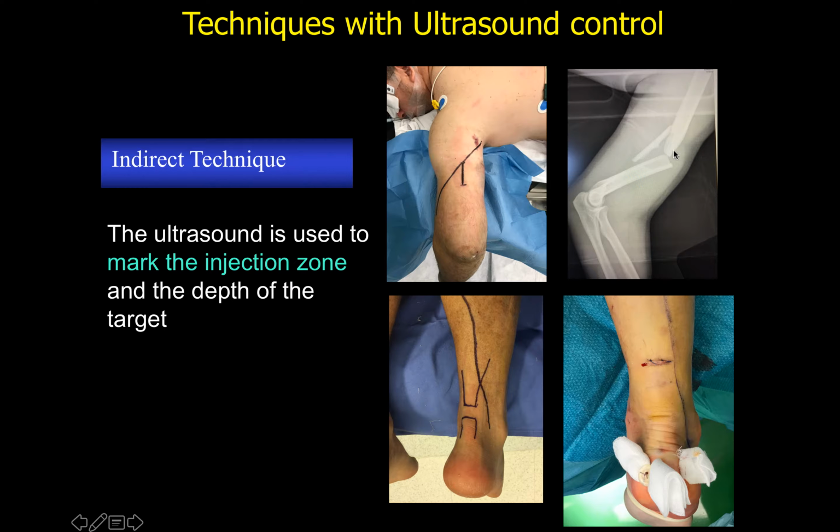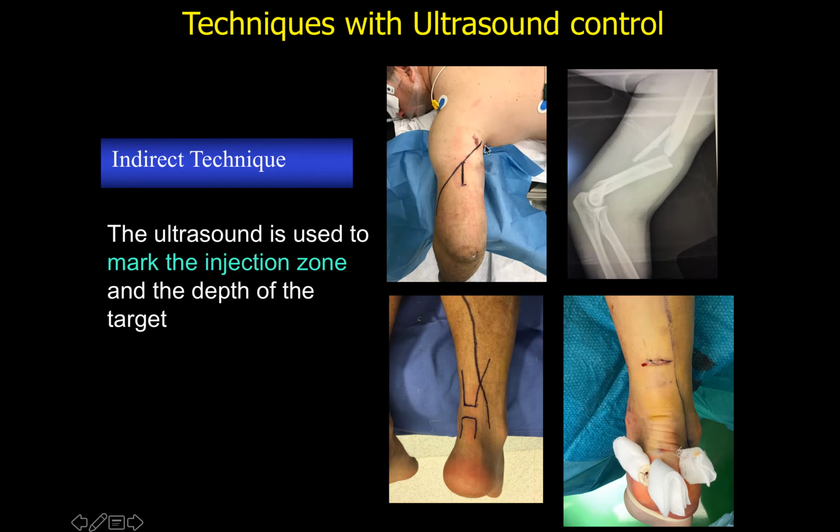pre-operative planning. We see here a fracture. We can mark the length of our fracture. We can mark also the radial nerve, and then we can plan our operation on the skin.